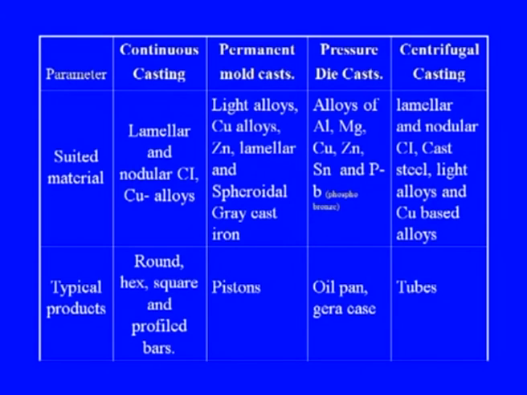In permanent mold casting, light alloys, copper alloys, zinc, then lamellar and spheroidal grey cast iron can be suitable. Then pressure die casting, alloys of aluminum, magnesium, copper, zinc, tin and phosphor bronze. Then centrifugal casting, lamellar and nodular cast iron, cast steel, light alloys and copper alloys can be used.